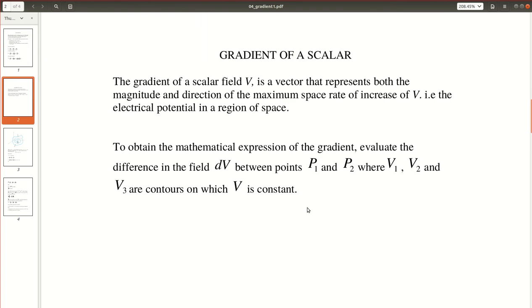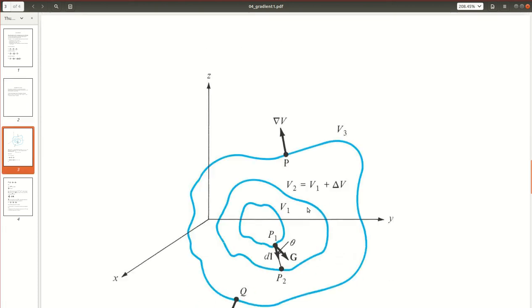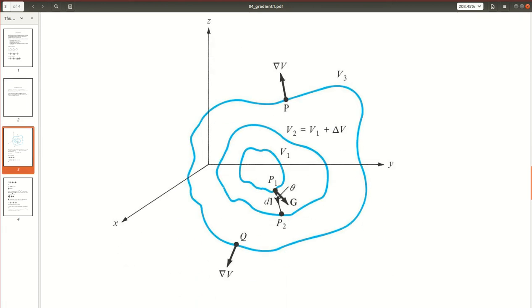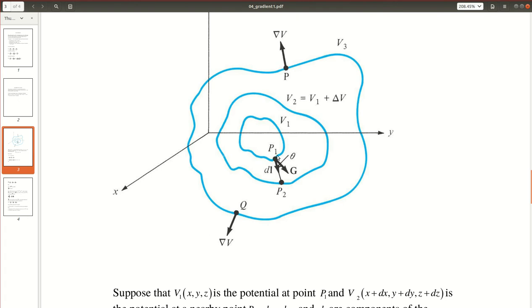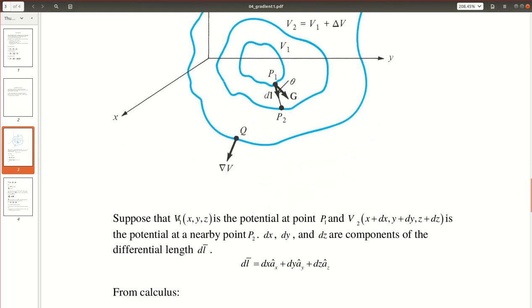Now let's see the gradient. If I have a point P1, and P1 has coordinates x, y, z, and P2 at x plus dx, y plus dy, z plus dz. P1 has a potential. You know that the voltage difference is a difference between 2 points that have a potential. So V1 at point 1, at x, y, z, has a value. This is the potential at point 1.